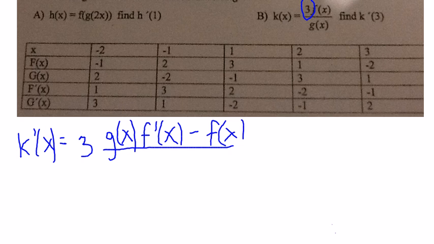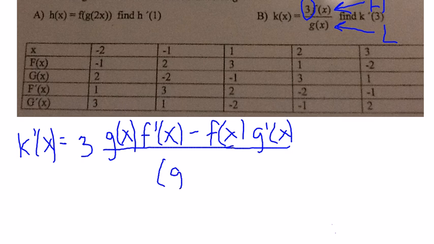So the high is f and the low is g. Hopefully you understand that. Minus high d low, so d low is g prime of x. And then that's all over low squared. I like to write g of x squared, like that. You can also write g squared of x, just like we had with sine and cosine squared.